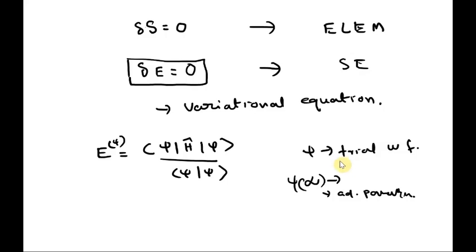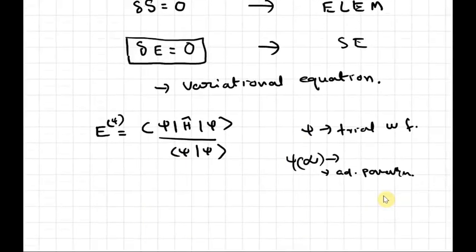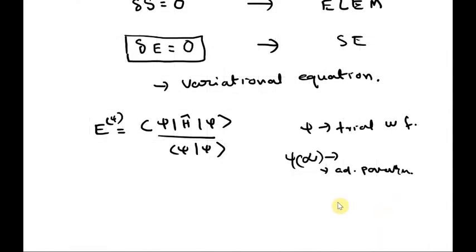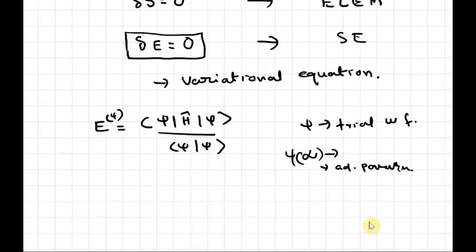In most cases, for your examination, the trial wave function will be given to you. You just have to investigate this quantity, find the variation over it, and find the approximate energy eigenvalue and the wave function corresponding to that. That's a way of proceeding.